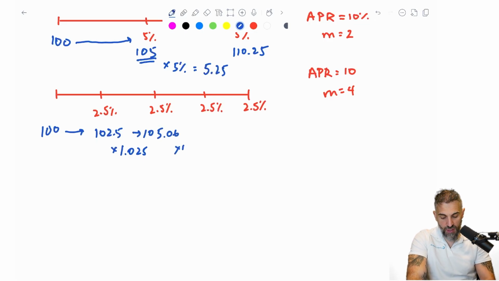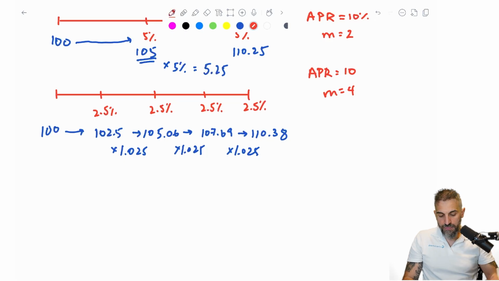Then again, I'm going to multiply that by 1.025. Now I have, after 3 periods, 107.69. And then if I multiply that once more by 1.025, I have 110.38.